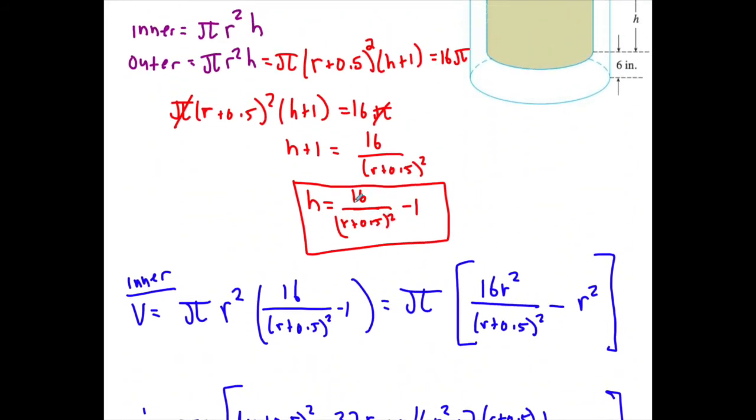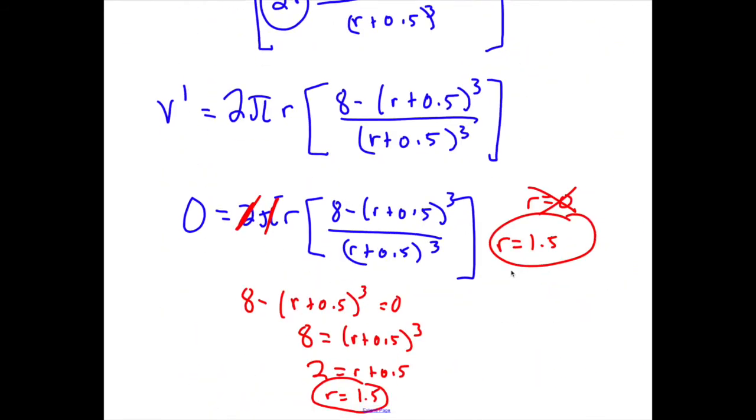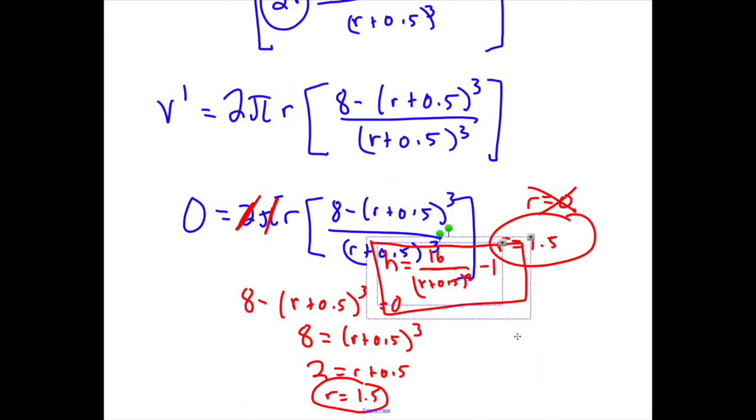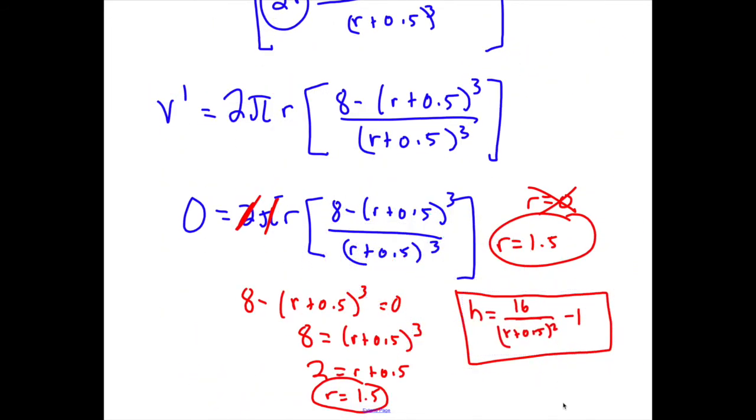And now we come back and we need to do h. So here's what I'll do. I'm going to copy h and bring it down. Since we know this about h, and we derived that in the beginning, now I'm going to plug in 1.5.